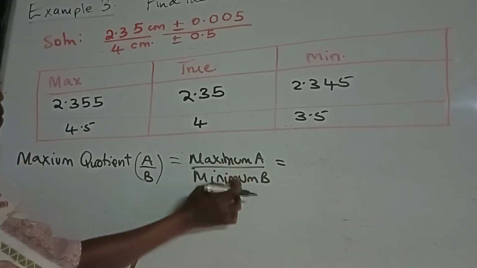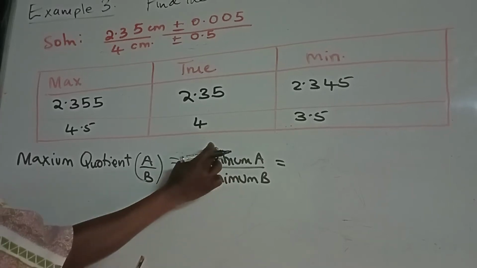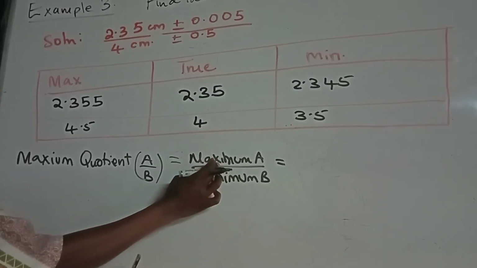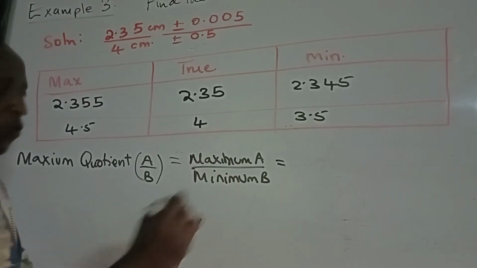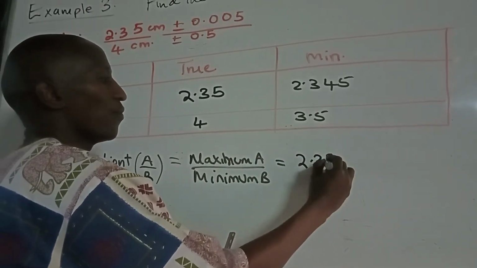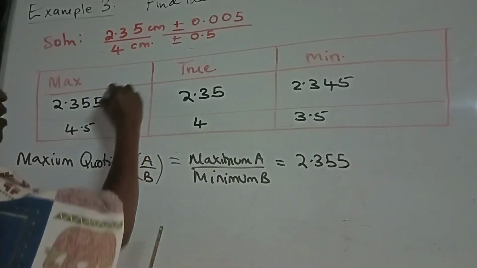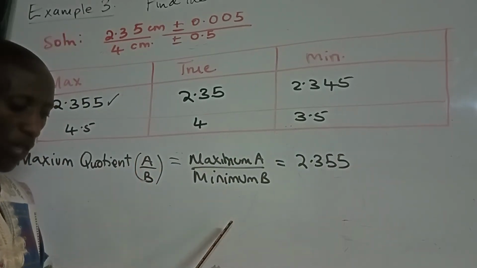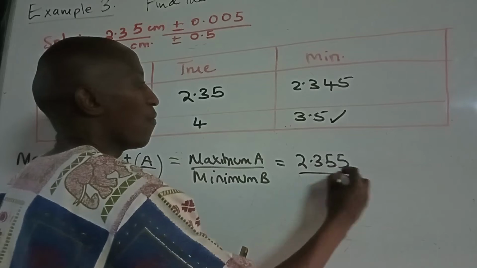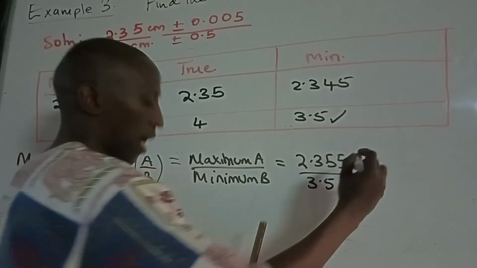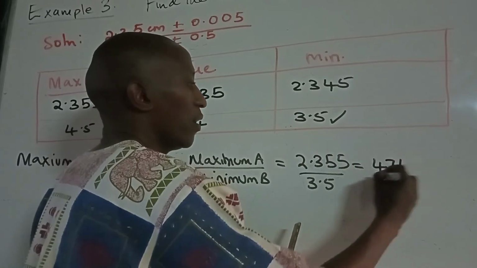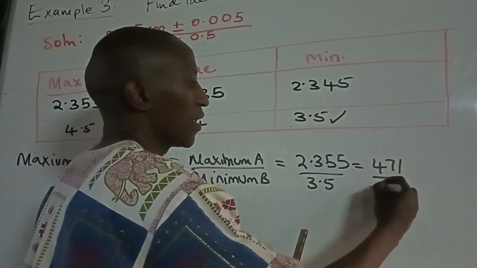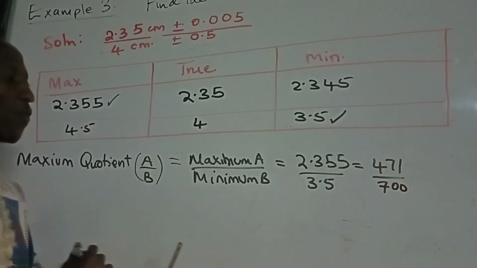If you want to get a maximum after dividing, the numerator must be maximum and the denominator must be minimum. That gives us 2.355 over 3.5, and that comes to be 471 all over 700 in fraction form.